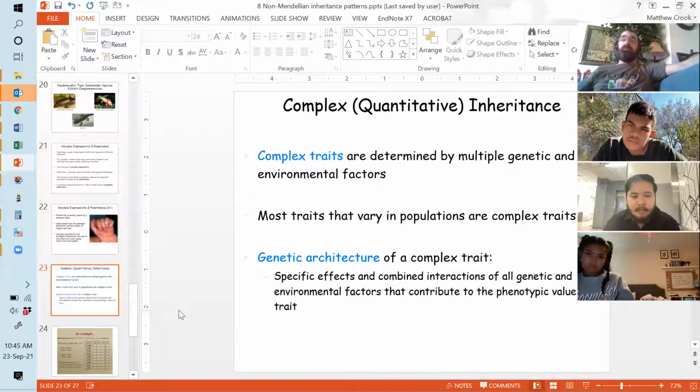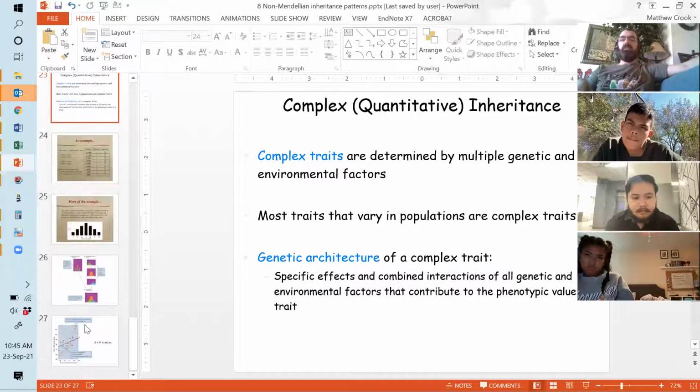Even though they may have the potential to be tall, they don't have the nutritional availability to develop to that potential, right? So most traits have that kind of multi-gene and gene by environment interaction.